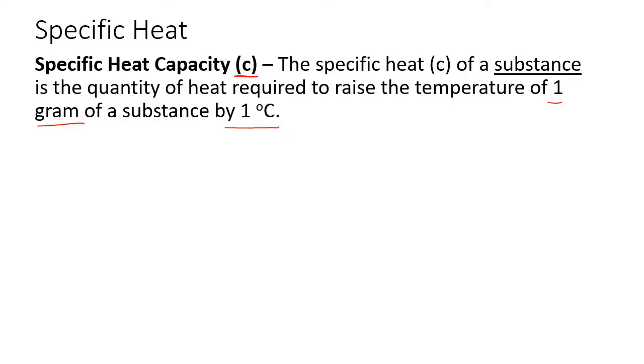We know that we're raising the temperature of 1 gram exactly of whatever that substance might be. Therefore, this is an intensive property. It does not depend upon the amount of matter present because the definition specifies that we always have to have 1 gram. It only depends upon what the actual identity of the substance is for how the specific heat will change.